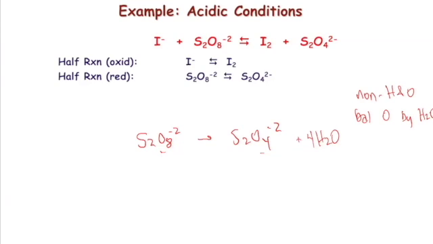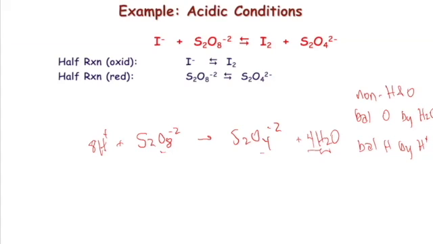Okay, so now the sulfurs are balanced, the oxygens are balanced, and then balance the hydrogen by H plus. So if we look at this, we see that we have 8 H plus on the right side. We need to put 8 H plus on the left side.